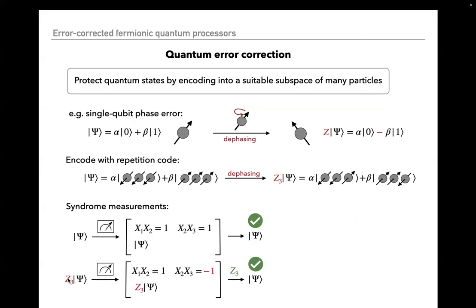And you can see it directly. Don't apply Z3, instead apply Z1 times Z2. The measurement outcome here will be the same, because Z1 times Z2 would commute with this operator, so it wouldn't change this one, and Z1 times Z2 still anti-commutes with this operator.